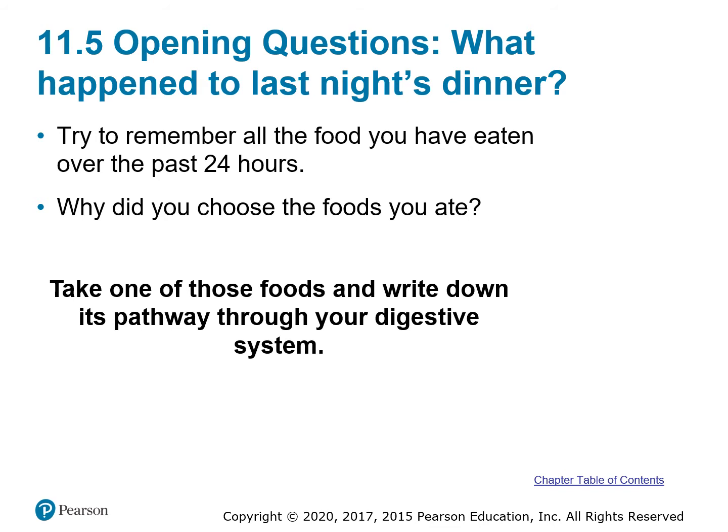So try to remember all the food that you've eaten over the past 24 hours and think about why did you choose the foods that you ate. And then think about, if you were eating those foods, write down the pathway through your digestive system, starting with the mouth, right? And then going from there all the way to the anus.